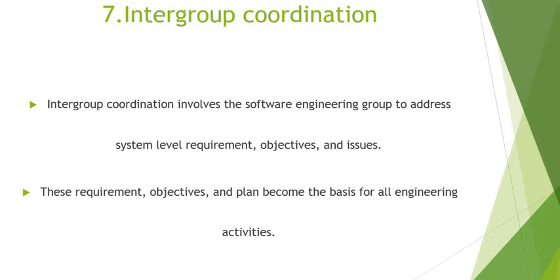It is to establish that the software engineering group participates actively with the other engineering groups, so the project is better able to satisfy the customer's needs effectively and efficiently.